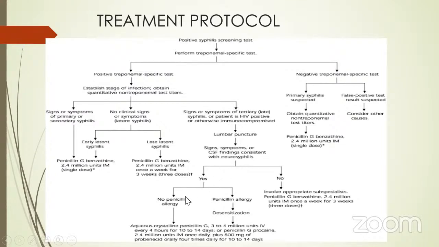If yes, and there is no penicillin allergy, then aqueous crystalline penicillin 3 to 4 million units IV every 4 hours for 10 to 14 days is prescribed, or procaine penicillin 2.4 million units IM once daily plus 500 mg of probenecid orally 4 times daily for 10 to 14 days. In neurosyphilis, benzathine penicillin doesn't cross the blood-brain barrier and there's no bioavailability, so aqueous or procaine penicillin are prescribed.